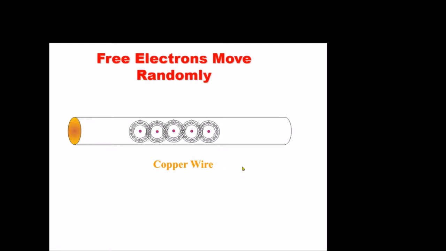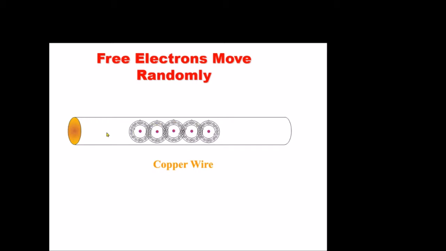So let's take a look at a regular copper wire. You have lots of free electrons, basically. This is copper, so we have one little free electron sitting in each one of these. But if this is just a regular copper wire, you have atoms just inside the copper wire, and you have those free electrons, and basically those are just maybe going to bump from one atom to another, but it's going to be random.